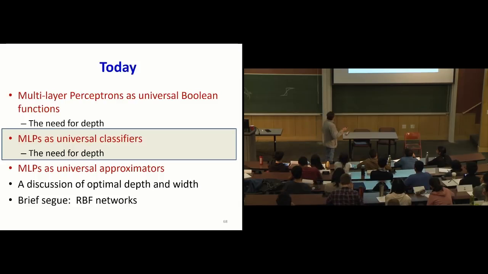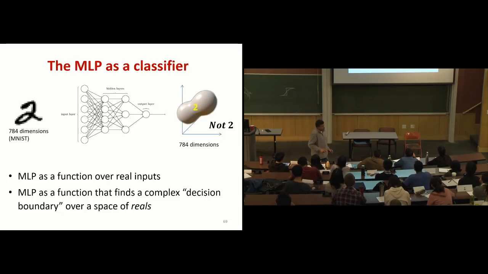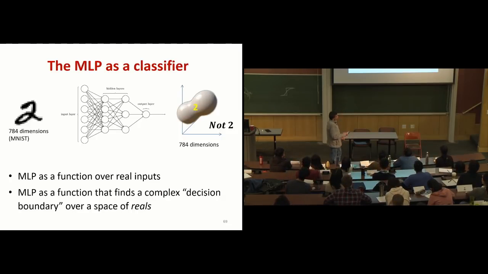Now, let's look at MLPs as universal classifiers. We've seen this. When you consider an MLP as a function over real inputs, it takes a bunch of real valued inputs. It's going to produce, let's say, a Boolean 1-0 output. That's a classifier because it's going to say, does this input belong to a class or does it not?